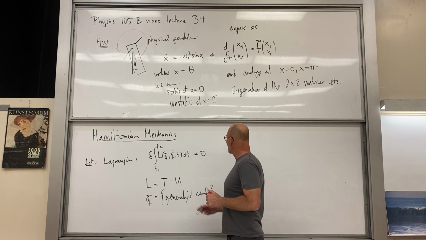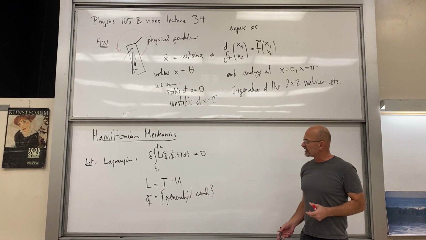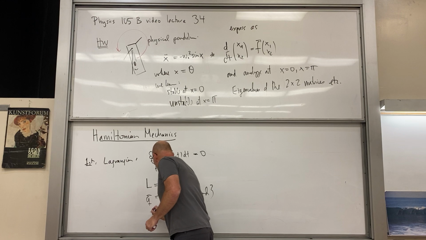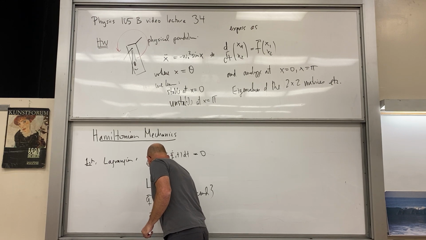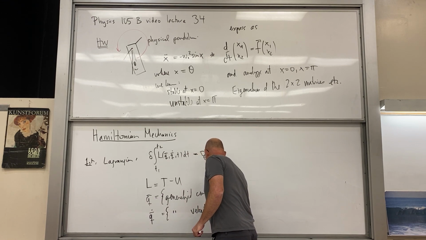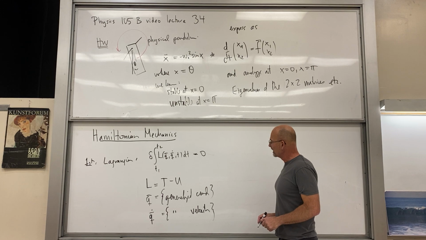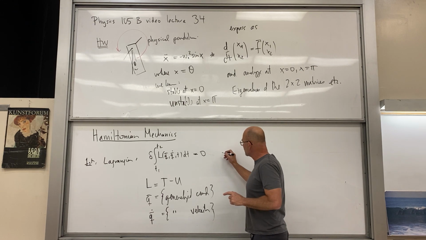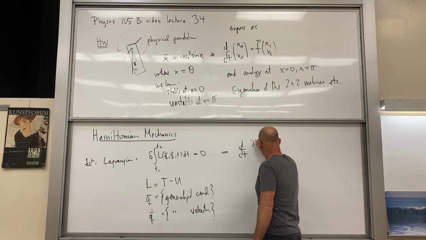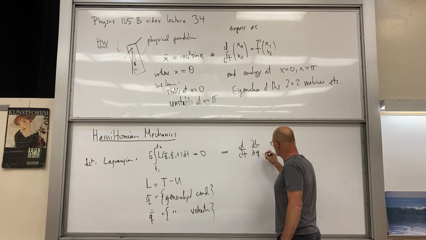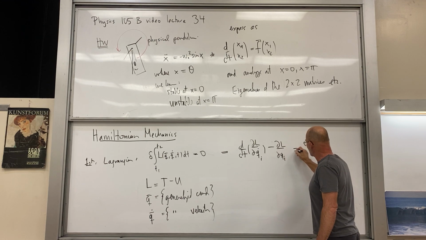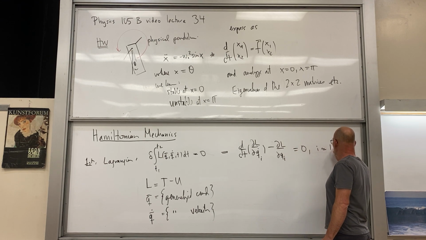I'll go ahead and write down the Euler-Lagrange equations. I'm actually going to write down everything because we're going to need it on the upper board. The equations of motion that follow from this are, as we recall, d/dt of dL/dqi dot minus dL/dqi equals 0, for i from 1 to n.